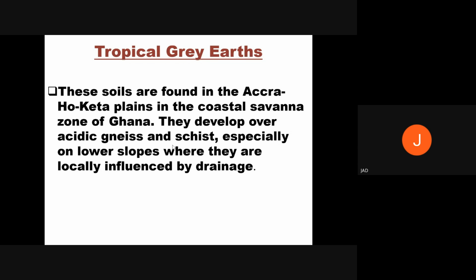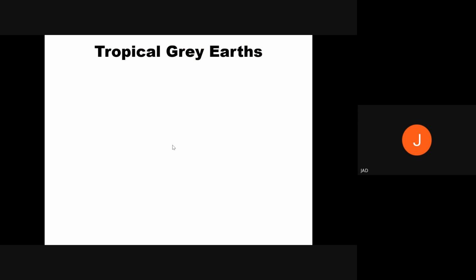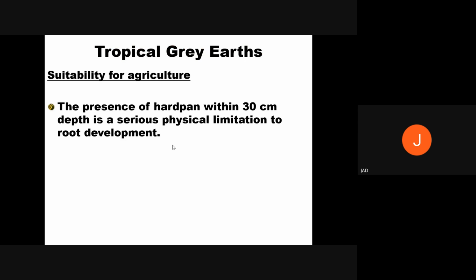These are soils found in the Accra-Ho-Keta plains, just as the tropical black earths. They develop over acidic gneiss and schists, especially on lower slopes where they are locally influenced by drainage. Suitability for agriculture.